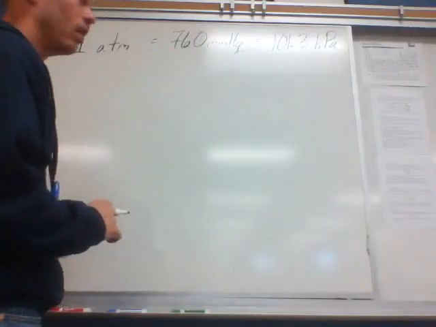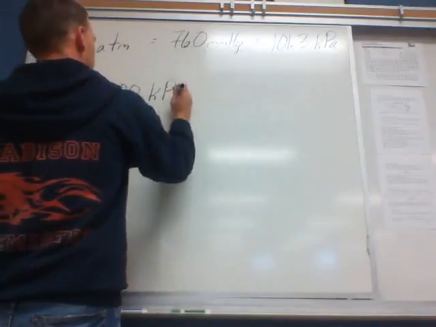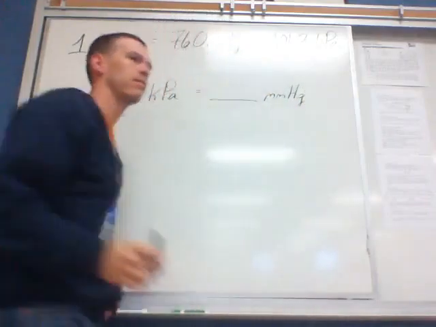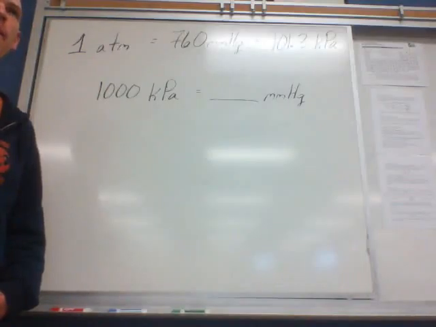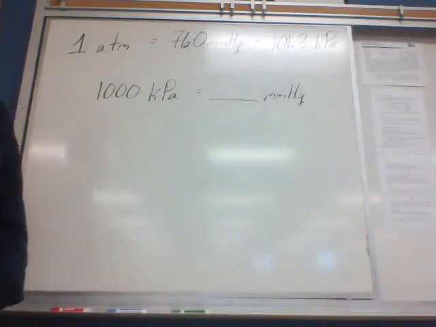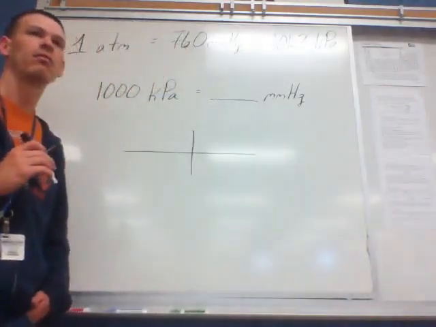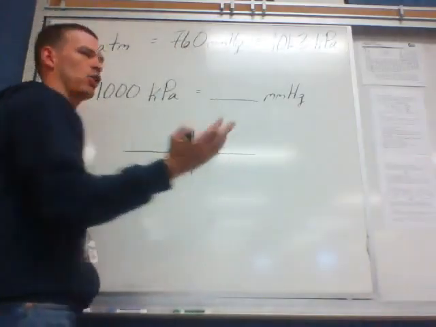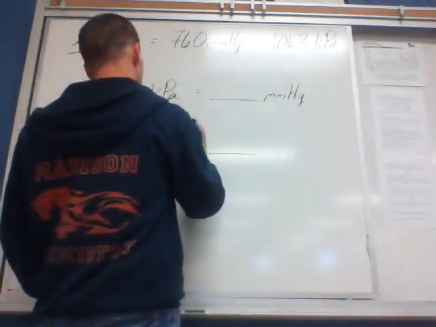Let's do another. Let's say we had 1,000 kPa, and I want to know how much mmHg that is in regard to pressure. I set up my grid the way my cheat sheet shows me. I know the given units will go in these two squares, just like it says. There's the given number. There's the given units, kPa.